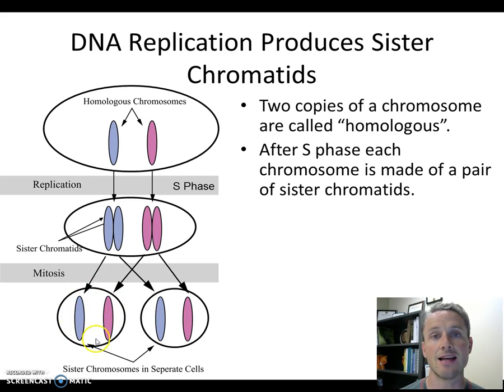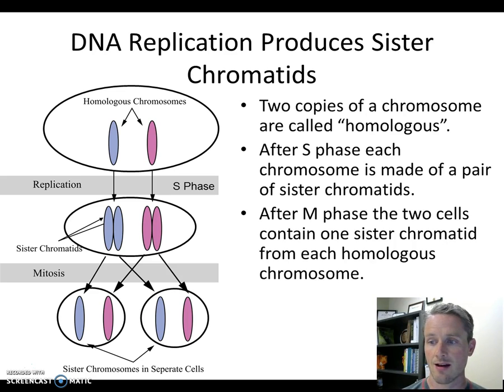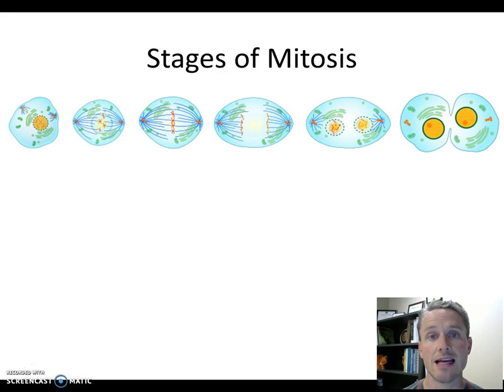And this cell is identical to the cell we started with in terms of the DNA that's present inside of it. All right, so that's all the information we need in order to talk about the steps of mitosis. So let's look at the stages of mitosis.